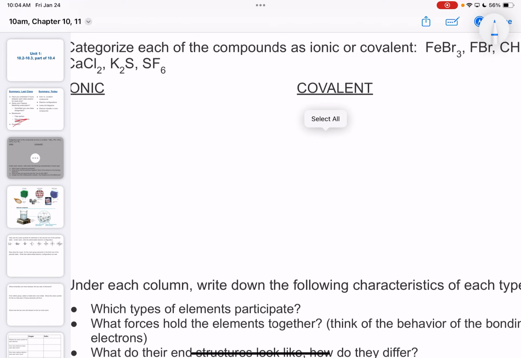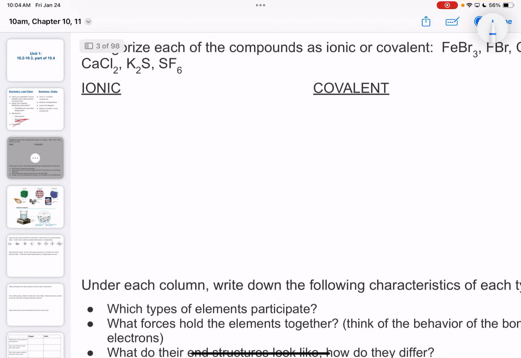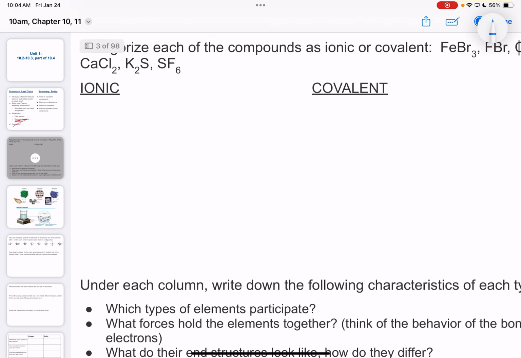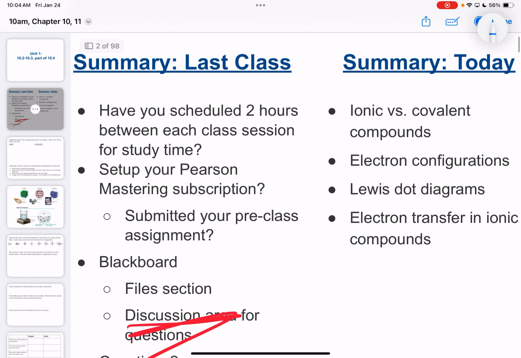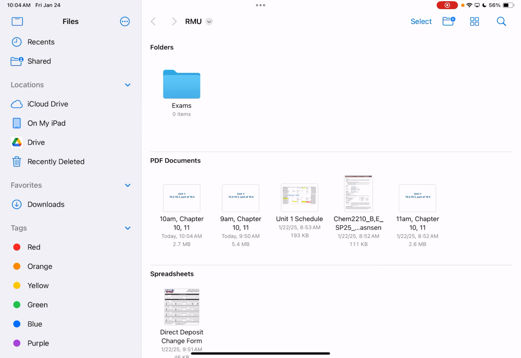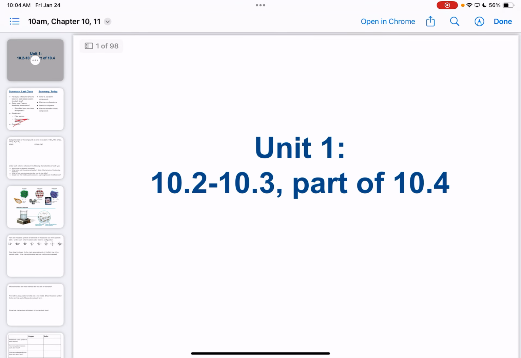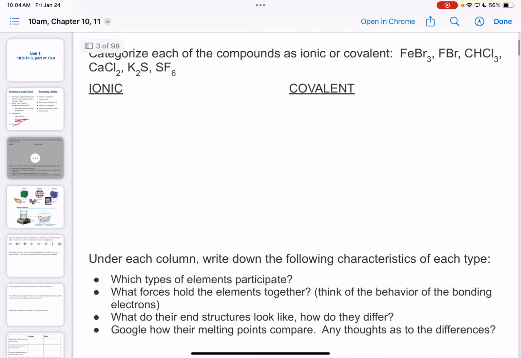Okay, go ahead and quickly try to categorize each of these compounds. You can't even see the whole thing at once. Usually I'm going to close it and open it back up and see if that helps. I want you to categorize them as ionic or covalent. Google it if you have to.